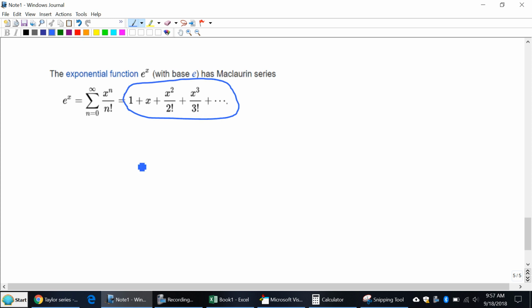Now notice what we have here. We have x to the n, which is x raised to the first, second, third, fourth power, and so on. And we have n factorial.